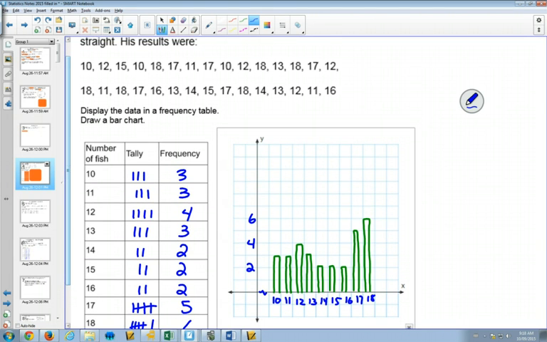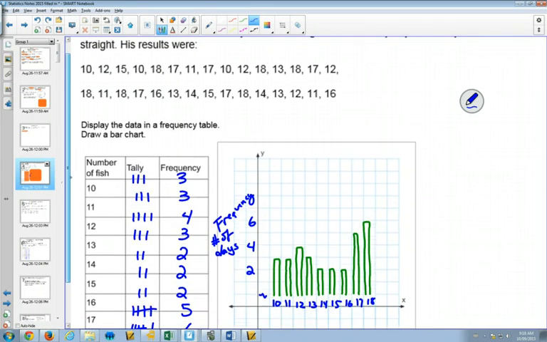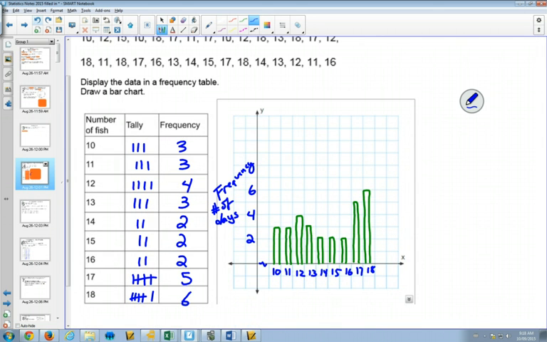So I need to label that this side here is my frequency, which in our case is the number of days that that happened. And down here, this was the number of fish caught.